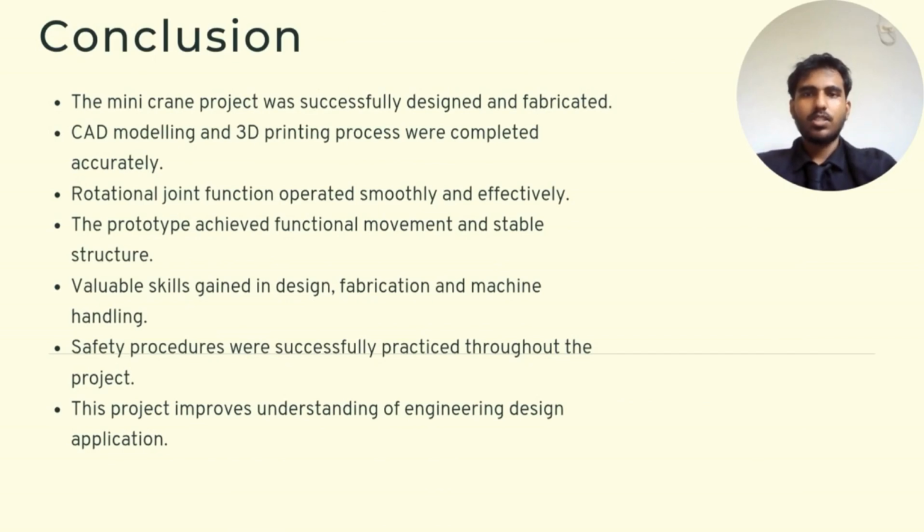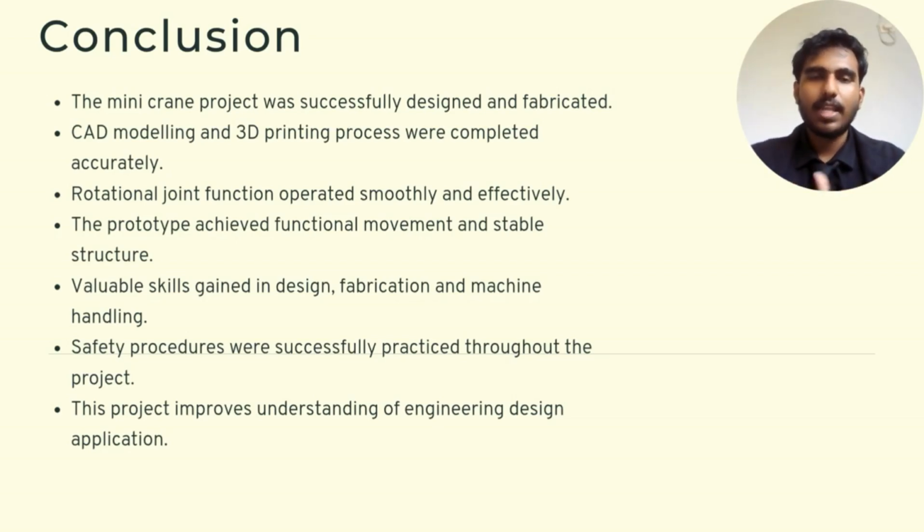So, in conclusion, we have successfully designed and fabricated our mini crane project using CAD modeling and 3D printing technology. The rotational joint system functions smoothly, allowing controlled movement of the crane arm. The prototype achieved both structural stability and functional performance, which meet the project objectives and needs.